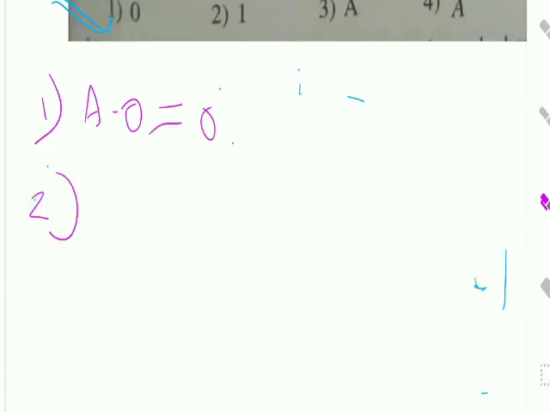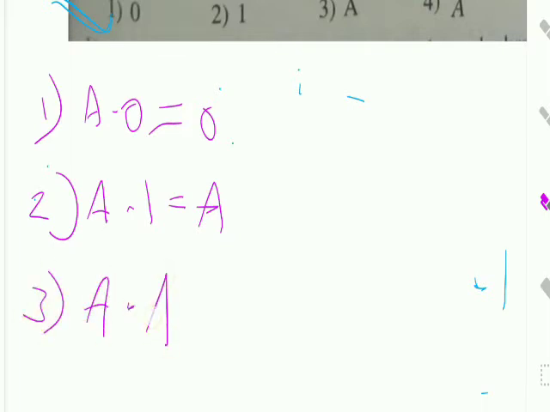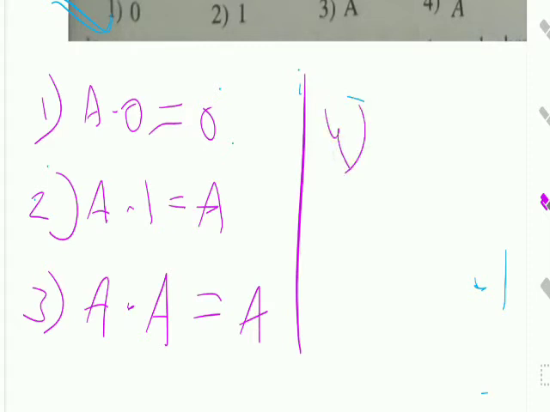Second one, A and 1 is equal to A. Third one, A and A is equal to A. Fourth one, A and A complement is equal to 0.